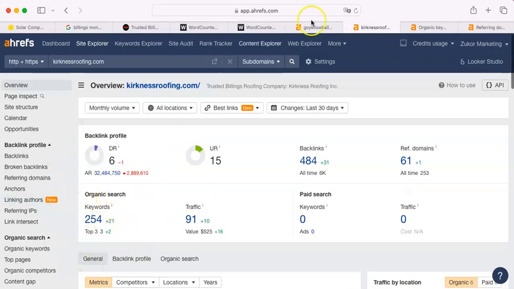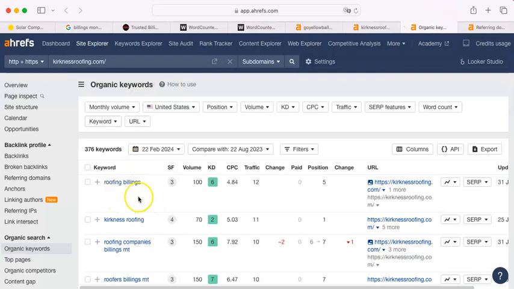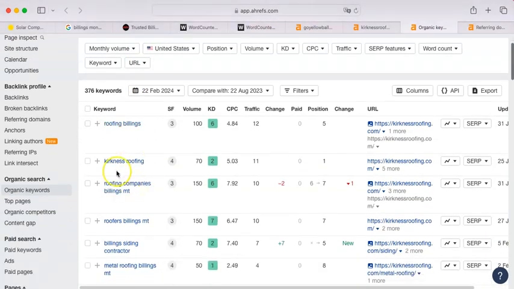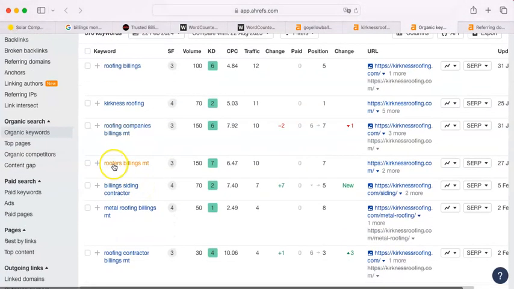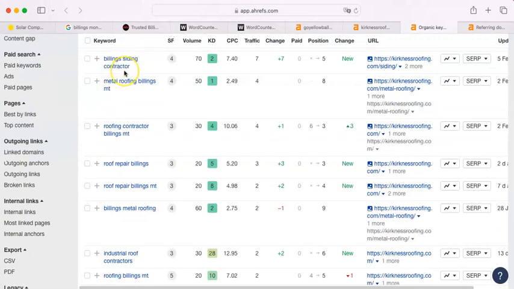Now, I'm going to show you their keywords just so you can have an insight into what they're doing right. Roofing Billings, Kirkness, of course, because that's their own name. Here's what roofing companies, roofer, roofing and roofer, 2 different searches. Contractor, another different search. Remember, the algorithm doesn't know our language.